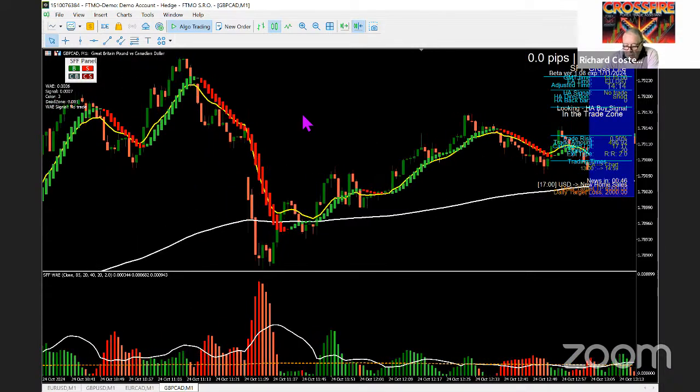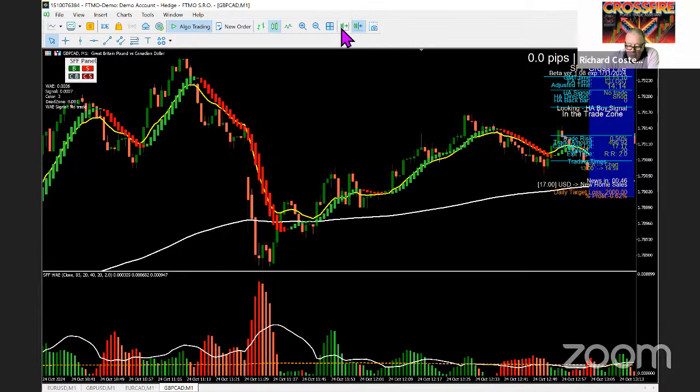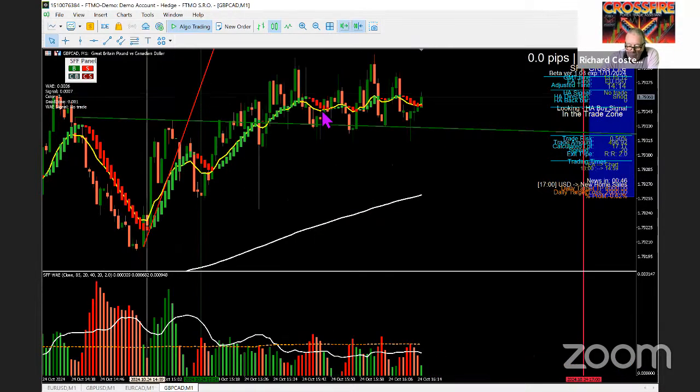No, there's no MA crossover, so I would have to consider overriding. But look, it's just consolidation. It's sideways movement. The 200 moving average is pointing upwards, and that's the only good thing I can say about that. I wouldn't get in for any of those right now.